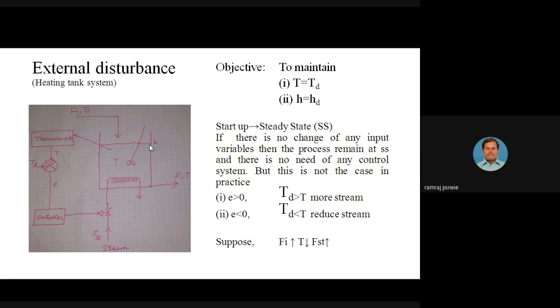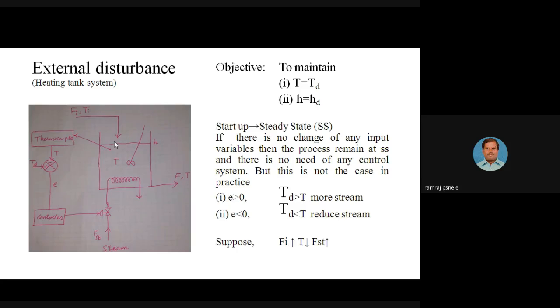That time we need to bring the value back to the desired value. For that, we need to introduce some external intervention, that is nothing but your control system.